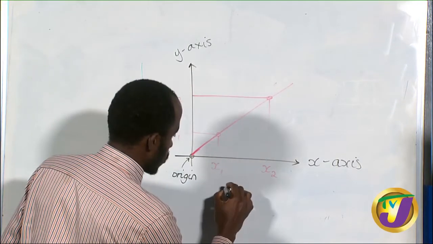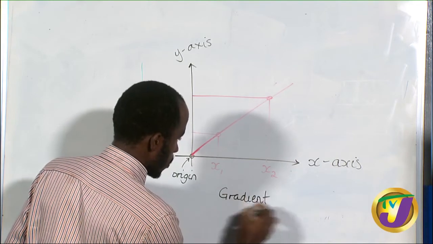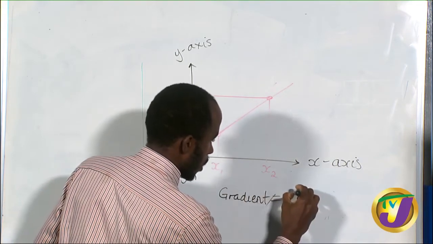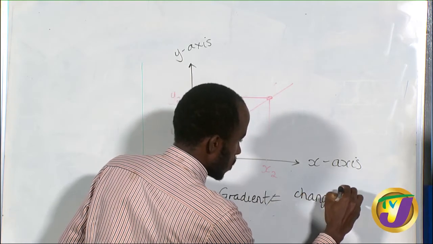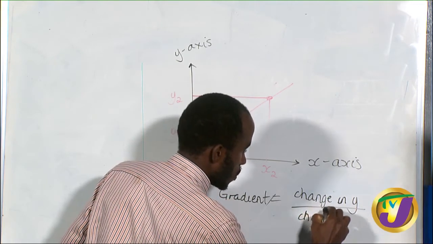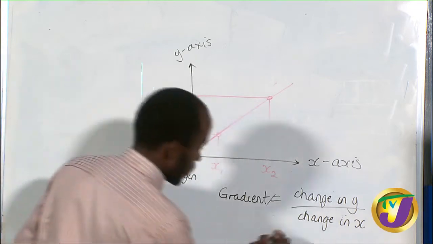Now, relating to gradient, which is the same thing as slope, that is equal to the change in y over the change in x. That's the general gradient formula.